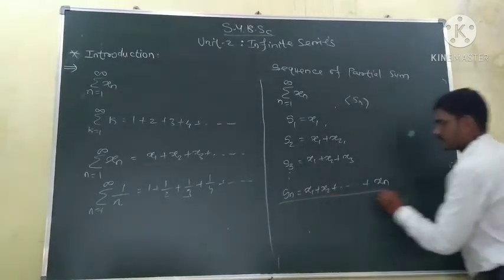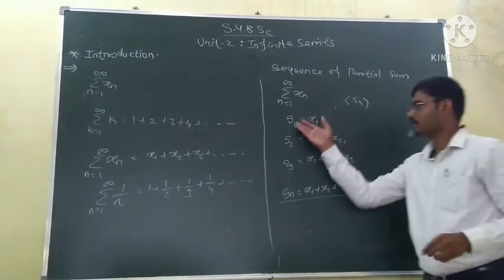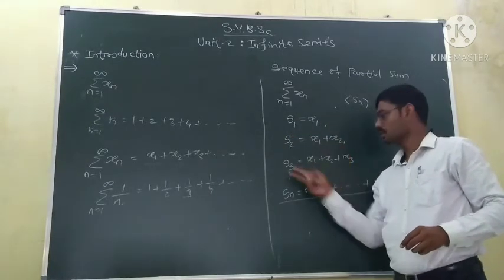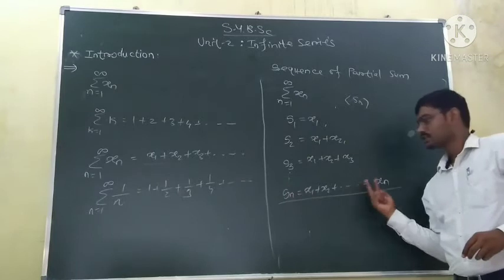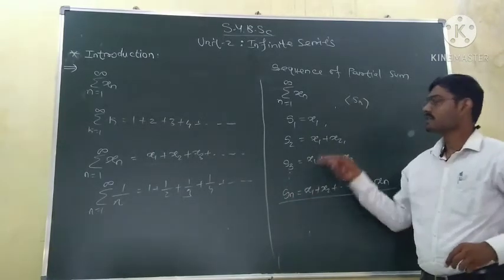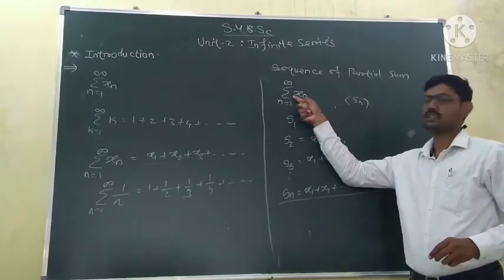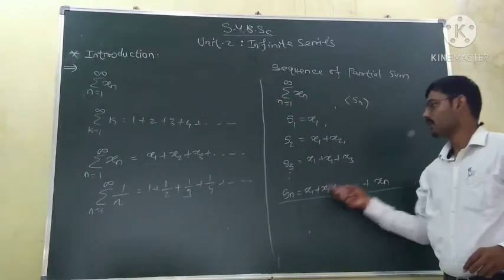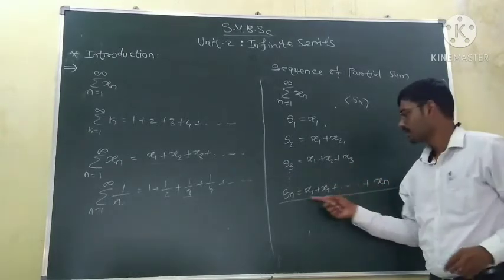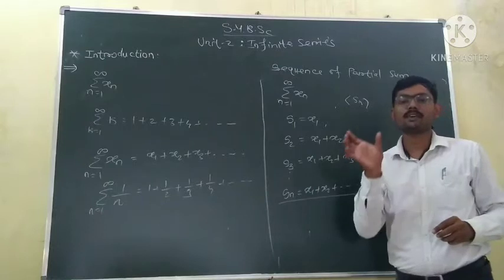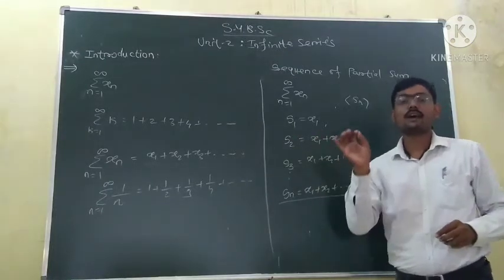This sequence, whose first term is x1, second term is x1 plus x2, and nth term is this, is called the sequence of partial sums for this series. Its nth element is the sum of the first n elements, so they are called partial sums.